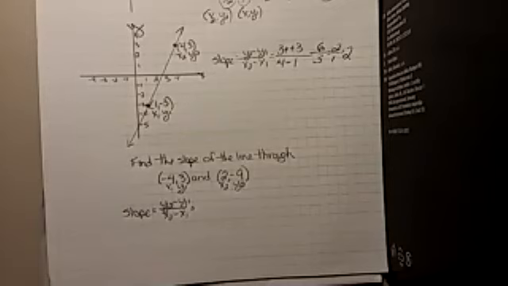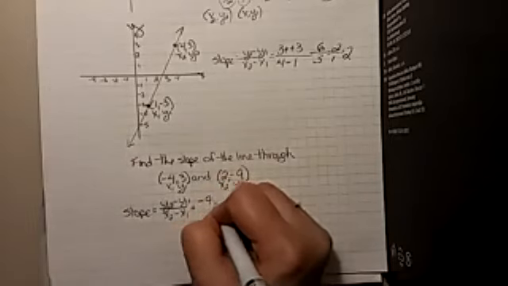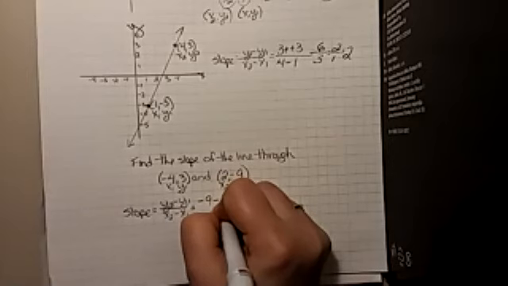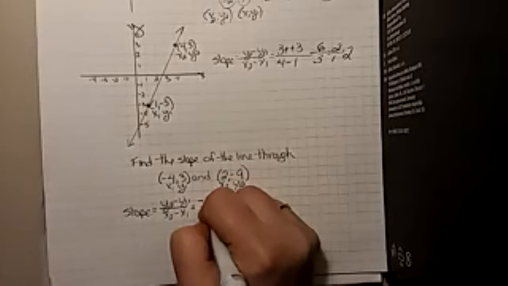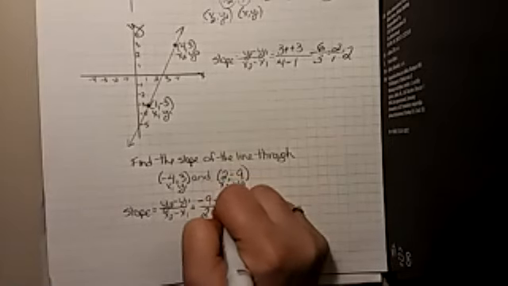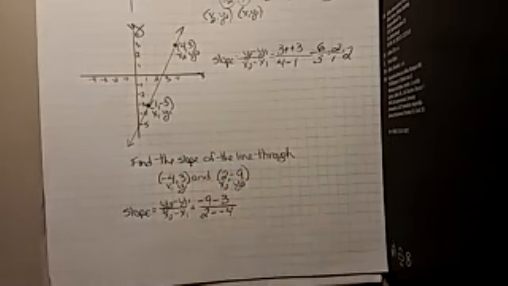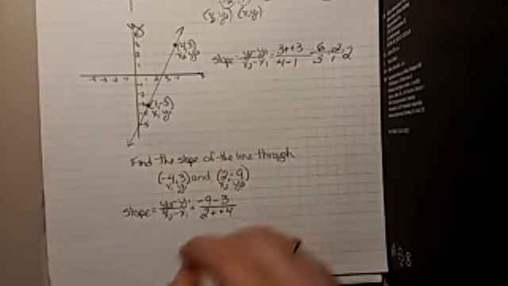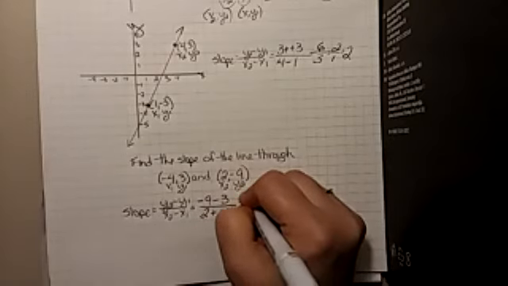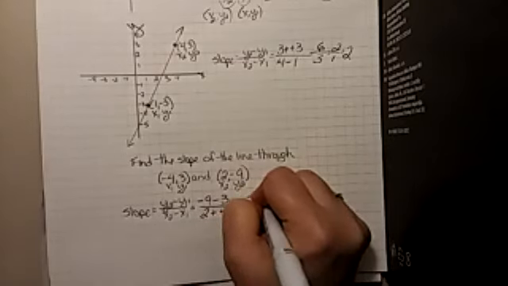This is going to be -9 minus 3 over 2 minus -4. We know that minus minus becomes plus. And so this gives us -12 over 6, which simplifies to -2 over 1, or just -2.